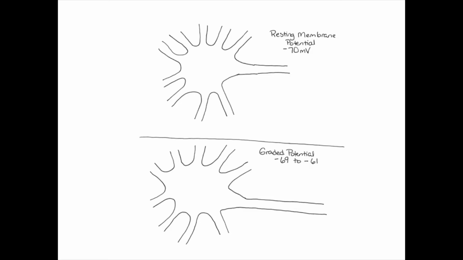Now, with every cell in the body, we have 2 ions that are very important in creating this transmembrane potential. Do you know what those are? Sodium and potassium, right? So where is sodium higher in concentration, inside the cell or outside the cell? That's right. We have a high concentration of sodium outside the cell.